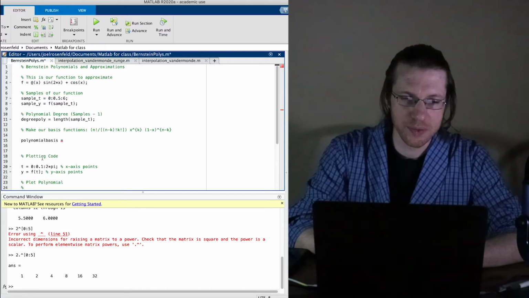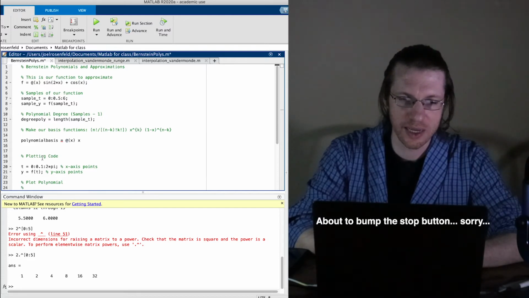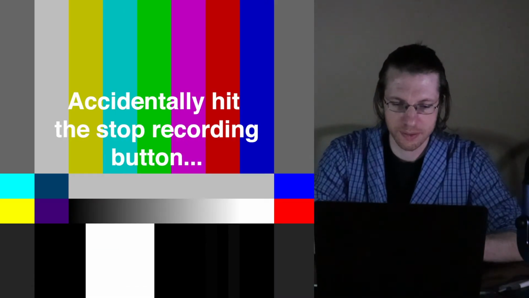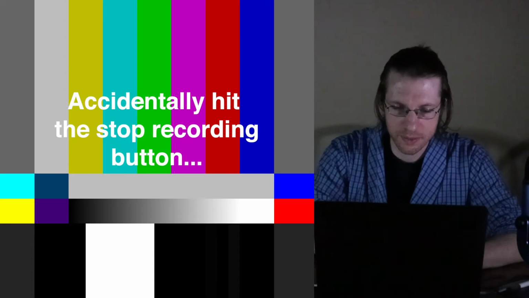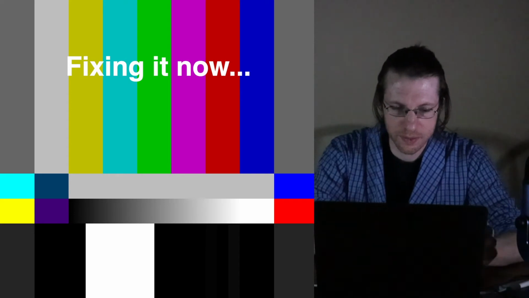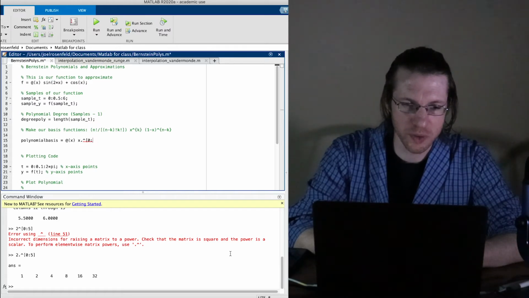So we're going to have our polynomial basis, which is a function of x. I accidentally hit the stop button. All right, so x is going to be raised to 0 up to the degree of our polynomial.